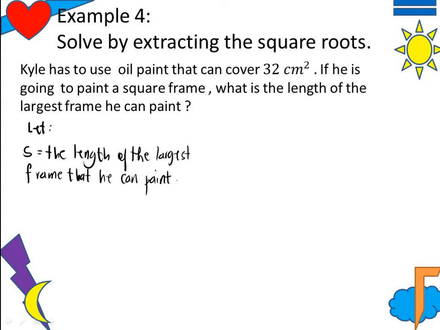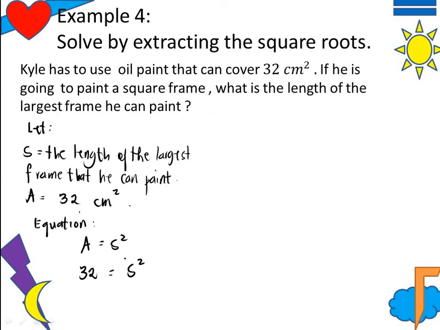Next, we have here the area, which is 32 centimeters square. And we have an equation that the area of the square is represented by A is equal to S squared. Now let's substitute the given. We have here A, 32, is equal to S squared.